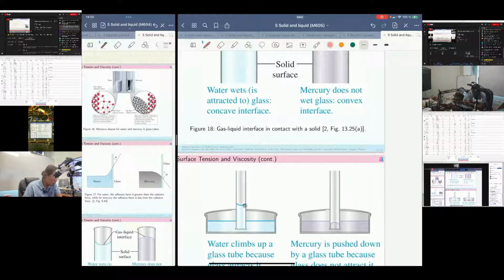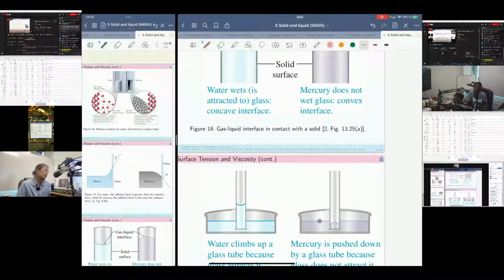For the water, you could see that the level of the water inside the capillary tube is higher than the level of the surrounding water inside a big container here. And compare it to another case, on the other hand, the mercury level inside the capillary tube is a little bit lower than the mercury surface in the big container here.